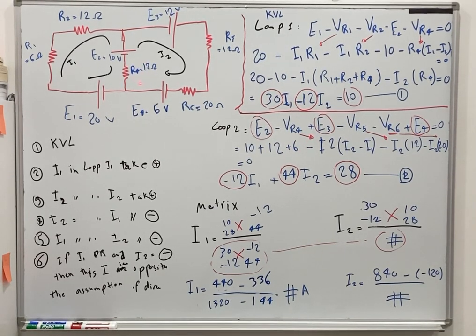VR4 is in minus because it's consuming electricity. I3 is positive because it's clockwise. VR5 will be negative, VR6 will be negative. All the R's are consuming electricity, so we put minus. Now E4 we put positive. Why? Because it's clockwise.